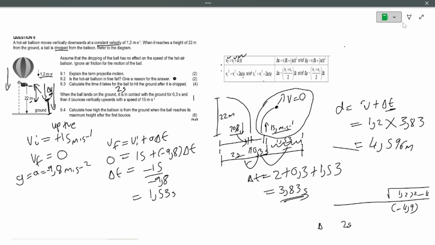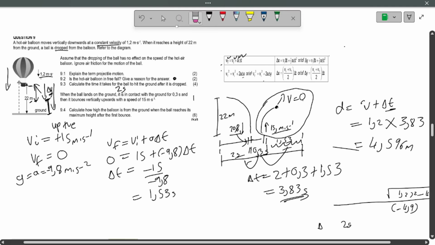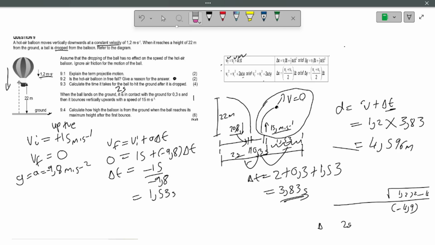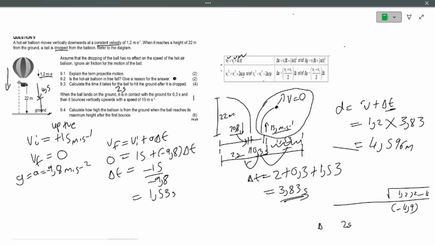Okay, let me rub here so that we can see what you're talking about. So all that time it had moved downwards by 4.596 meters, and we are looking for the remaining height. So we just say this minus this.